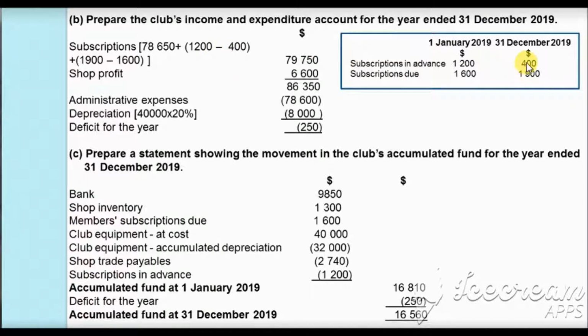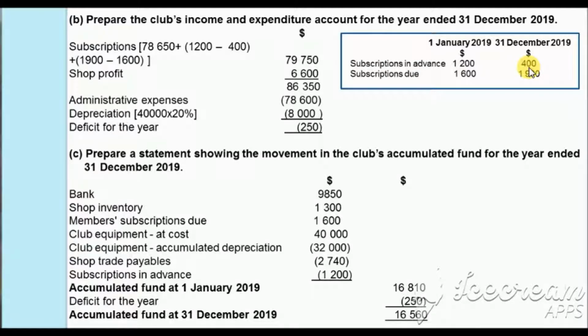Then the subscription paid in advance on 31st December 2019. This is the last day of our current financial year, and this is in advance for which period? For the coming financial year, that is for the period of 2020.